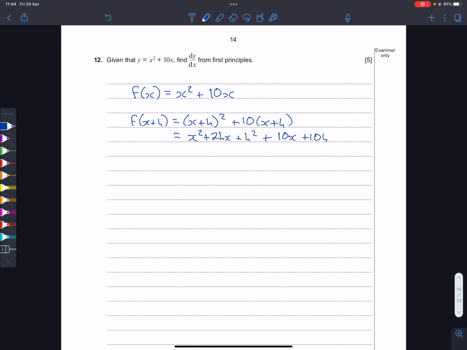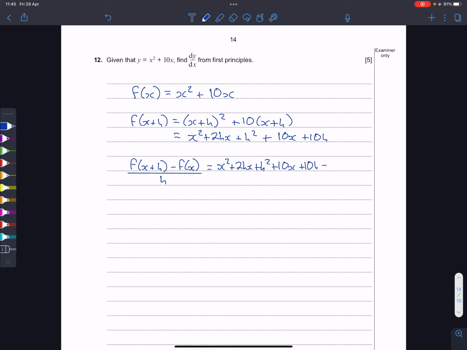Okay, then I'm going to come to this part of the formula. So f of x plus h minus f of x all over h. So my f of x plus h is this x squared plus 2hx plus h squared plus 10x plus 10h.